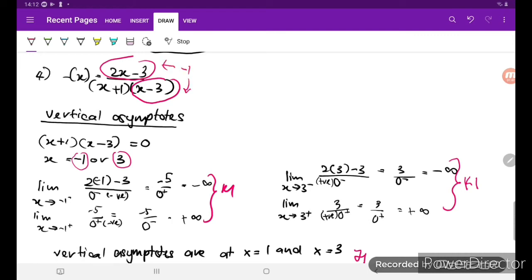The only term that we substitute -1 to get zero is this one.